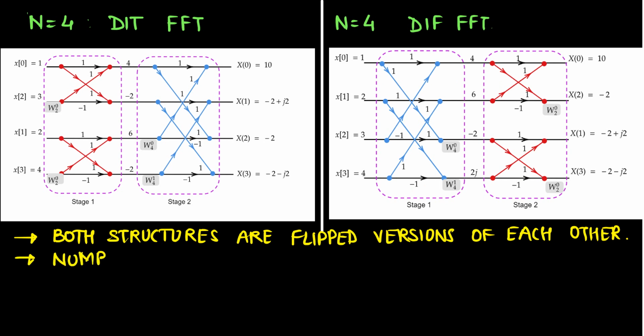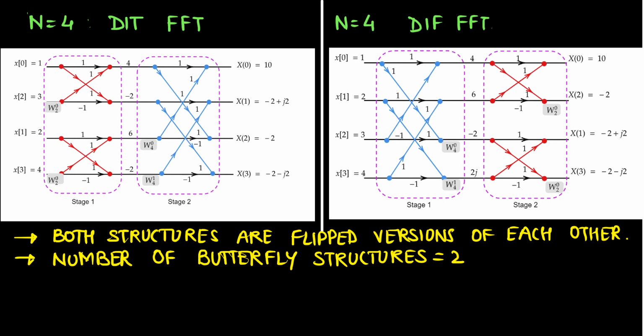the number of butterfly structures is 2. Now if we try to generalize, this 2 is basically 4 by 2, or N by 2. So in general this 2 can be written as N by 2.